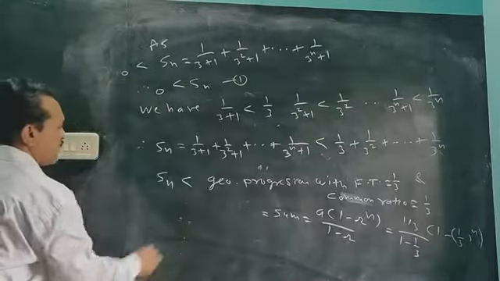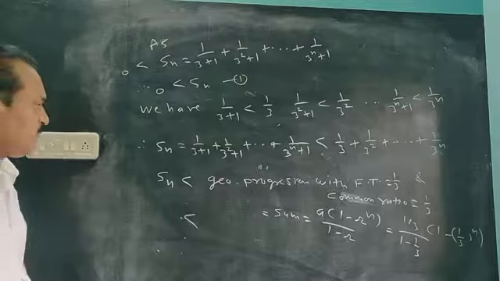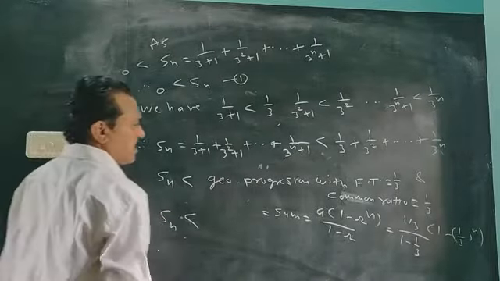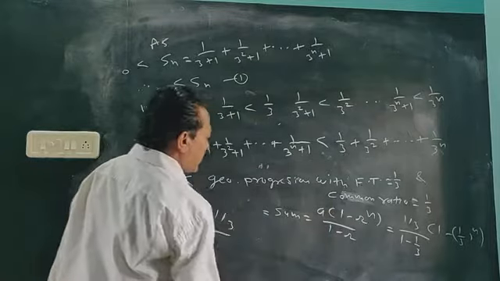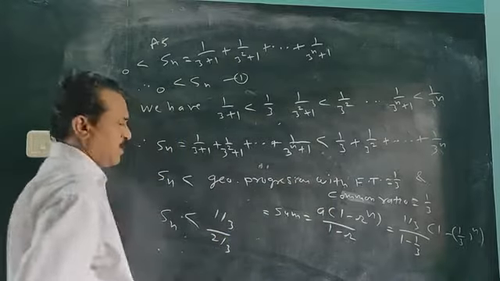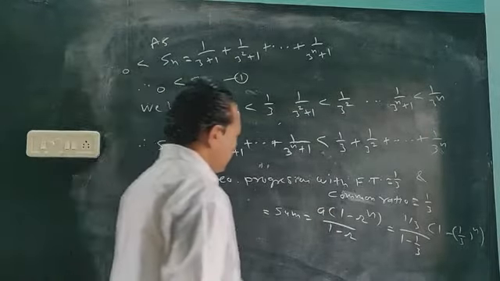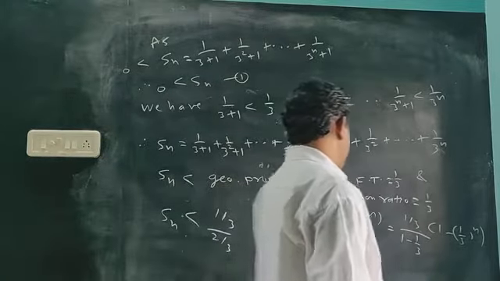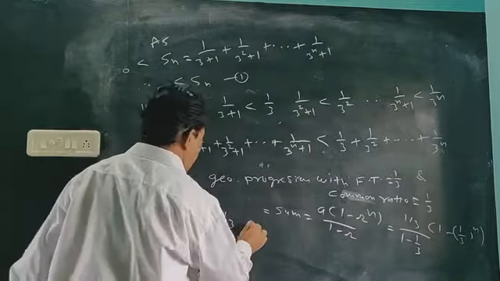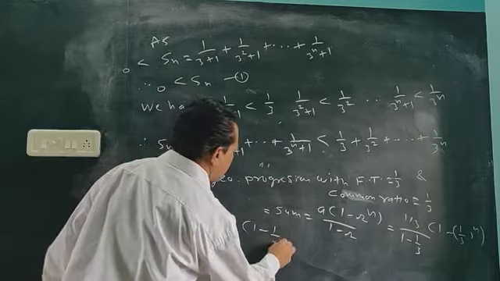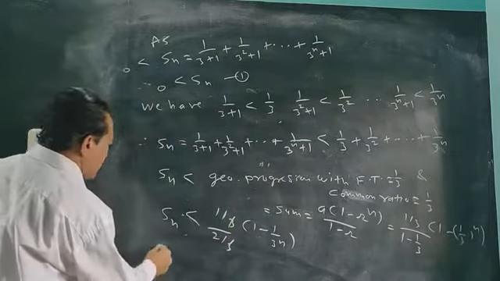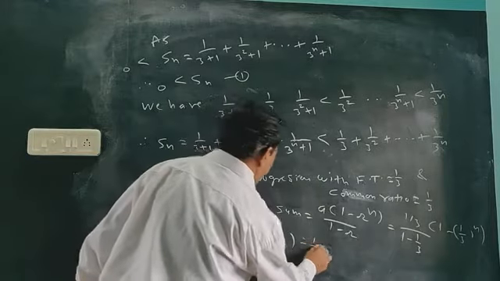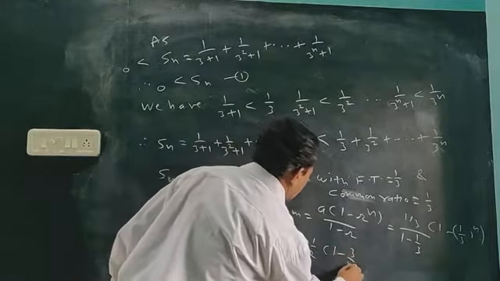So in this calculation, 1 by 3 and 1 minus 1 by 3 is 2 by 3. And this one, 1 minus 1 upon 3 raised to power n. So 3 cancels, 1 by 2, 1 minus 1 upon 3 raised to power n.